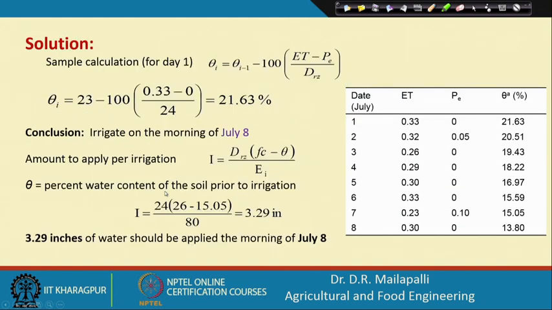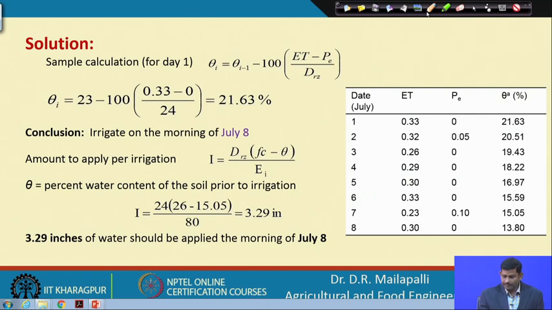Now look here: this is 15% and then 13.8%. So this is almost equal to 14%, and you give irrigation on the 8th day. So July 8th is your irrigation day.